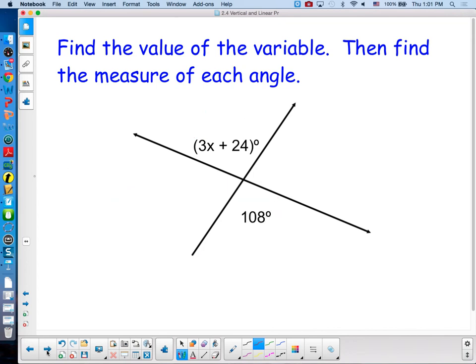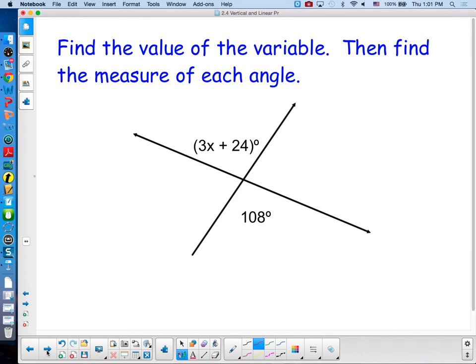All right. Let's try that one. How would this problem start differently? Because they're vertical, so it's the same thing. Yeah, so now instead of adding together, these are vertical angles. I probably should have given you a different number.